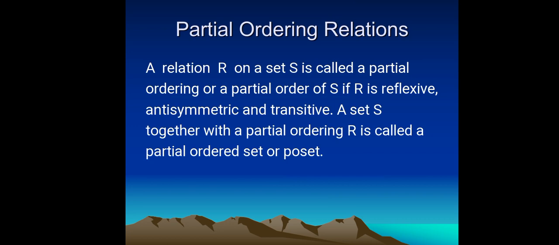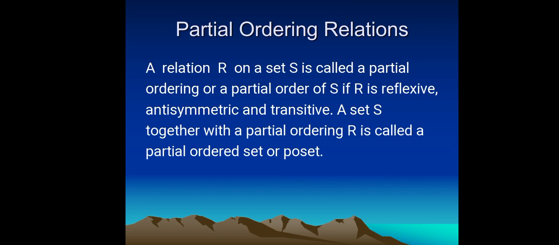Partial order relations. A relation R on a set A is a partial ordering, or a partial order, of the set if R is reflexive, antisymmetric and transitive. A set S together with a partial ordering R is called a partially ordered set, or poset.